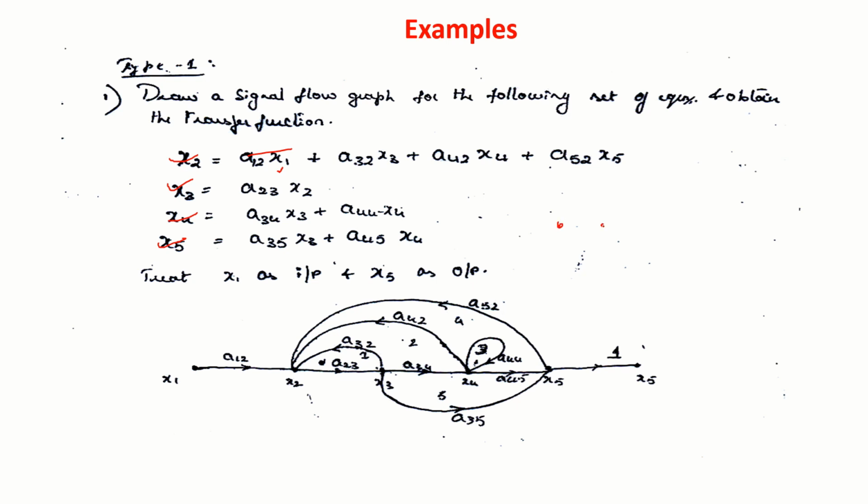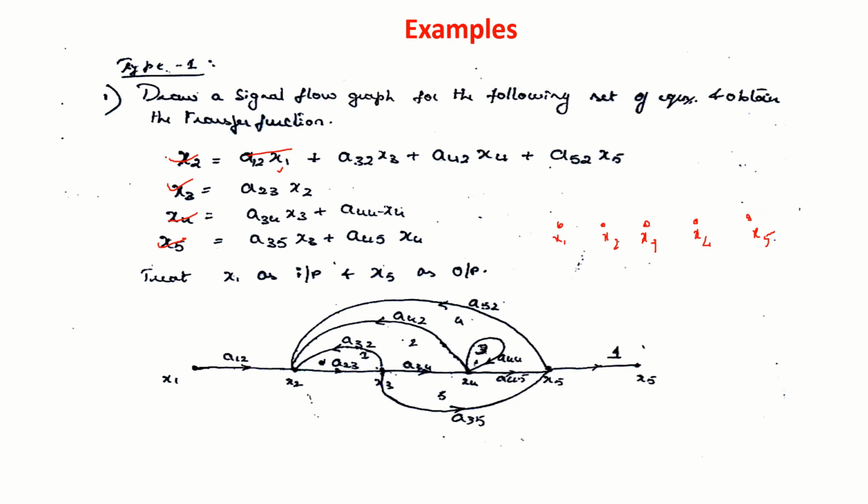Mark them and call them x1, x2, x3, x4 and x5. After marking, first identify the number of signals, and mark that many nodes.